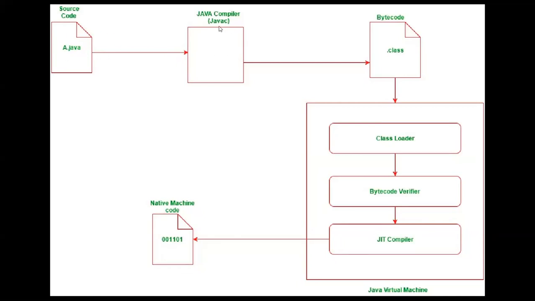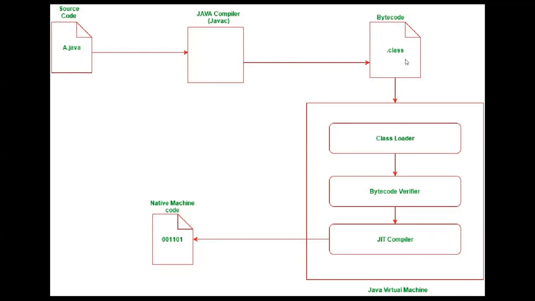When I hit run, it goes through what they call the Java compiler, that's javac. That source program is compiled into what we call a bytecode, and that bytecode is just a file with the extension .class.